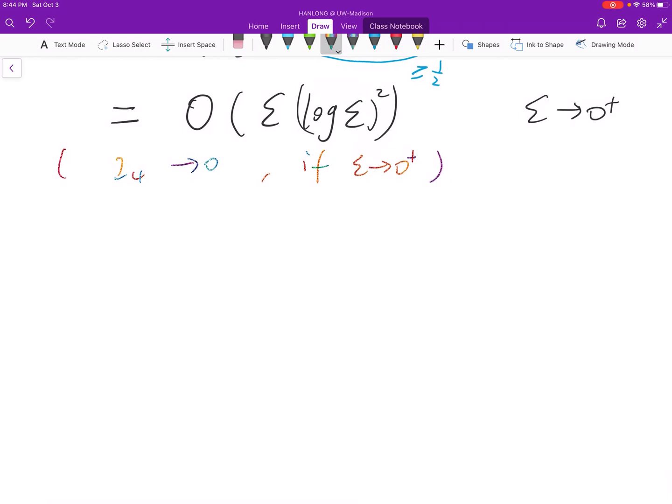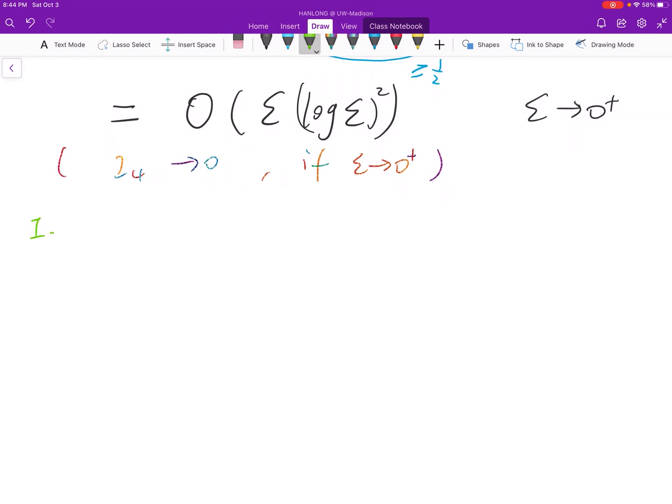Then the remaining two parts will be two horizontal lines, and computing them will, I think, be the most difficult part of this method. So let's do it step by step. For I3, we first parameterize it. x is from 0 to r, and you plug in y, then what do you have?